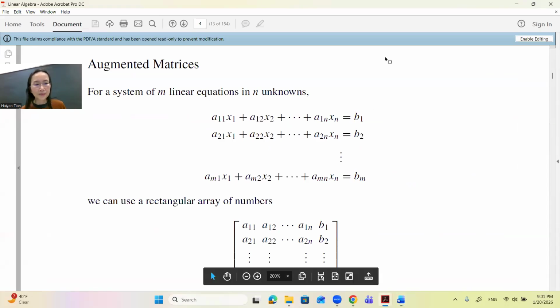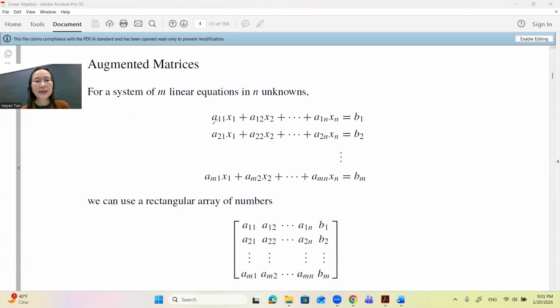In this general system, do we realize in the first equation, you see you have this 1, that's the first subscript of a. That means the coefficient in the first equation. But the second subscript means it is the coefficient of the first variable, the coefficient of the second variable, the coefficient of the last variable.